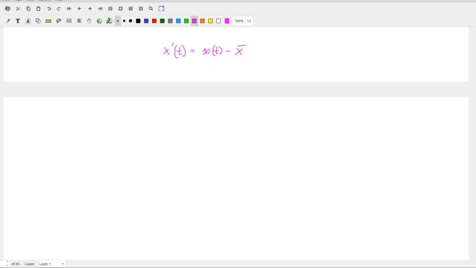So another important variable is the variance, or mean square value of a random variable. Your variance is expressed as E of your signal minus your mean x bar, squared.